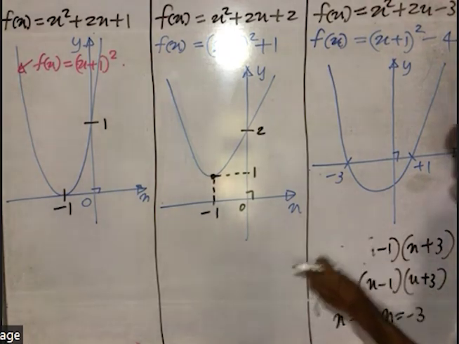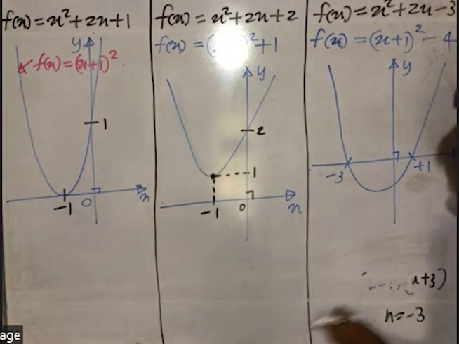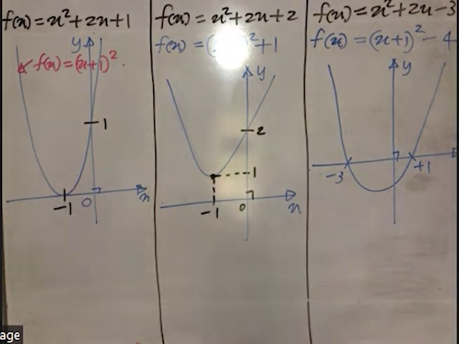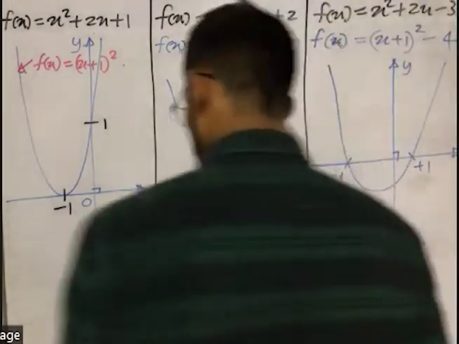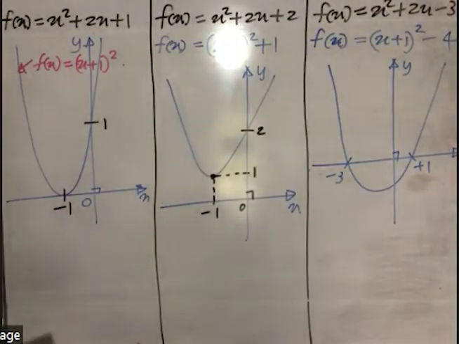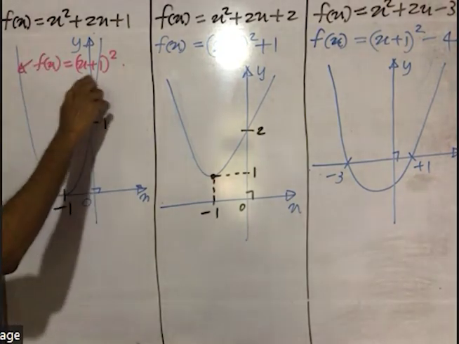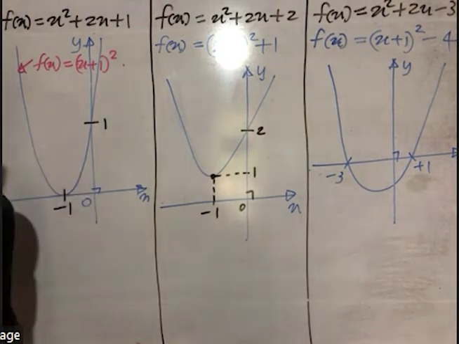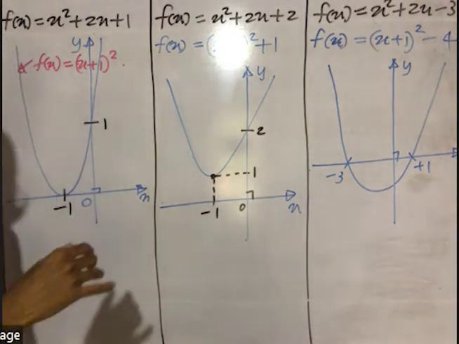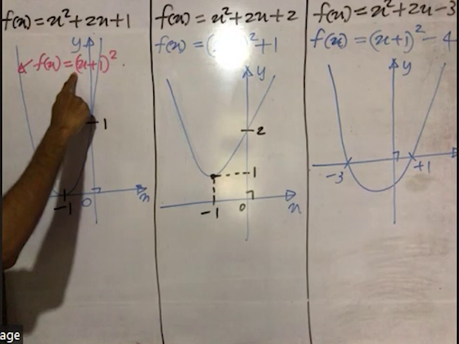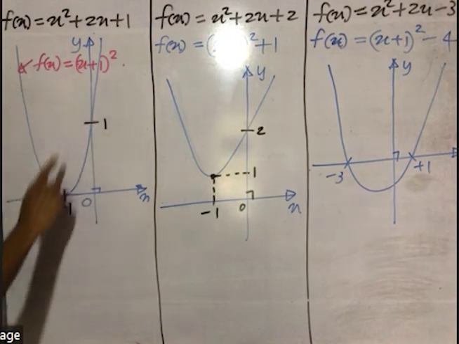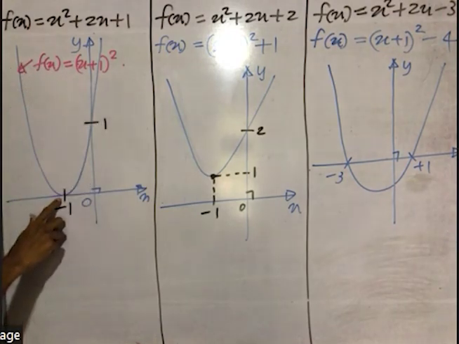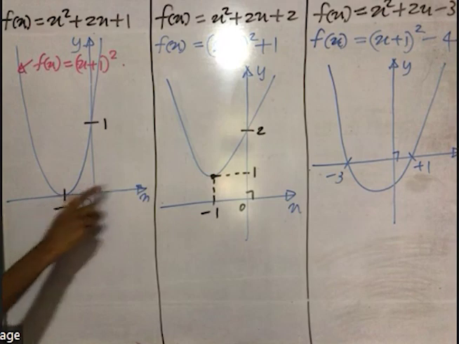Right. Now, if you look at these three graphs, the first graph, if you simplify this function, you will get a complete square. Also, if you draw this graph, there is only one single point that touches the x-axis.